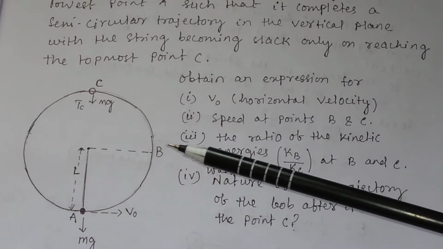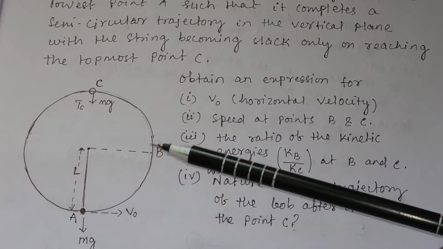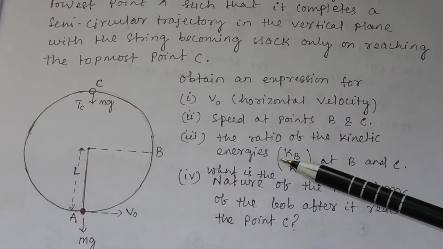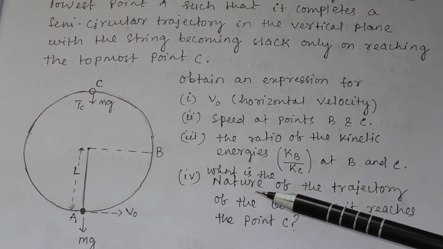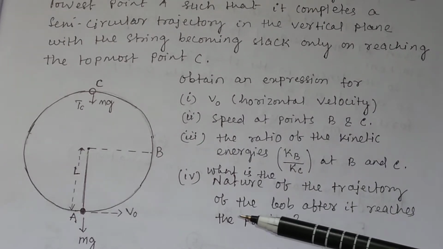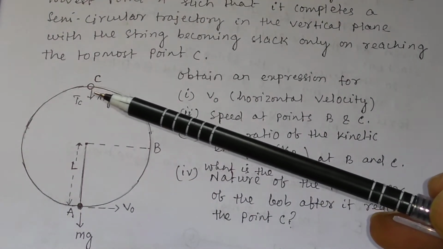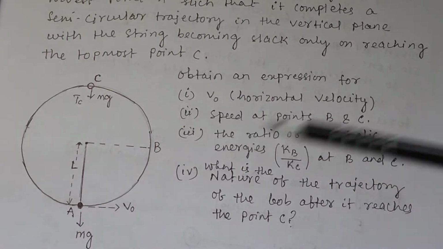What will be the kinetic energy at this point B, and what will be the kinetic energy at this point C, and we have to find out the ratio. And what is the nature of the trajectory of the bulb after it reaches the point C? At this point, what will be the nature of trajectory of this bulb?